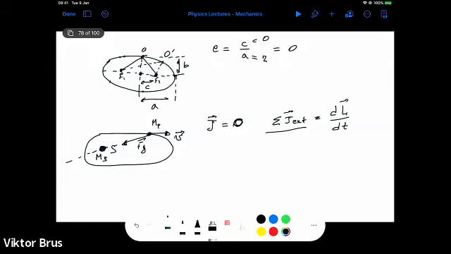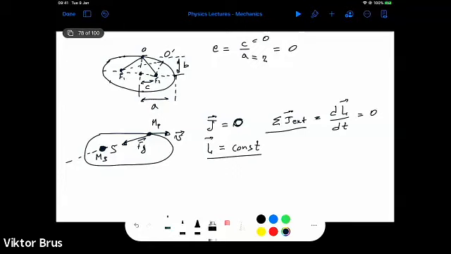If this torque is equal to 0, because we have an isolated system here, and there is only gravitational force which doesn't create any torque, then this derivative is equal to 0, and it means that angular momentum is constant. It doesn't change.